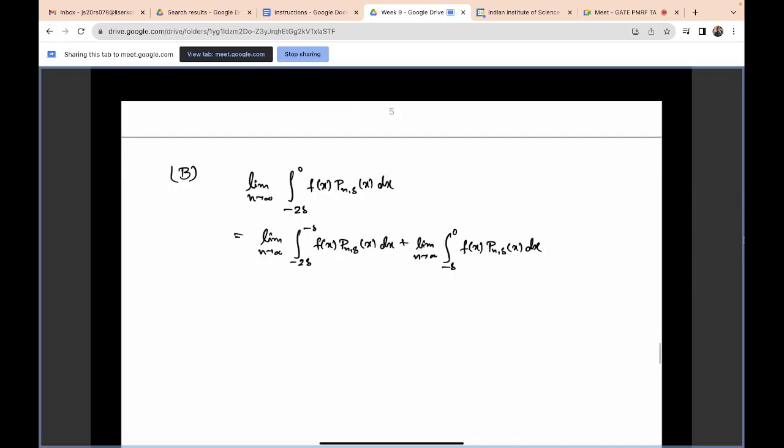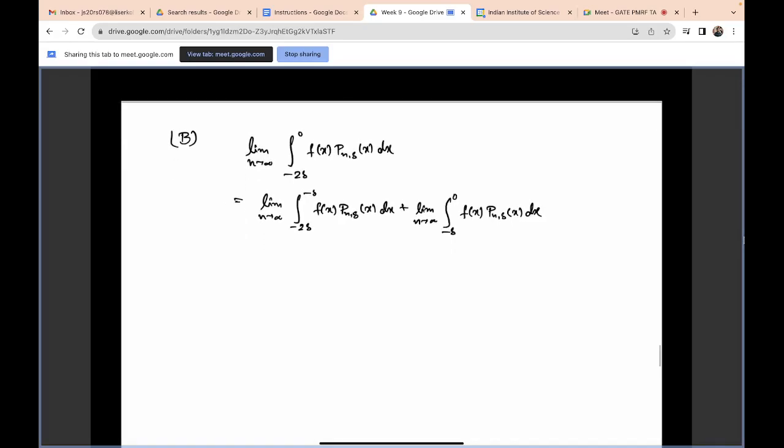And again for the part from minus delta to 0, similarly one can show the limit as n tends to infinity.